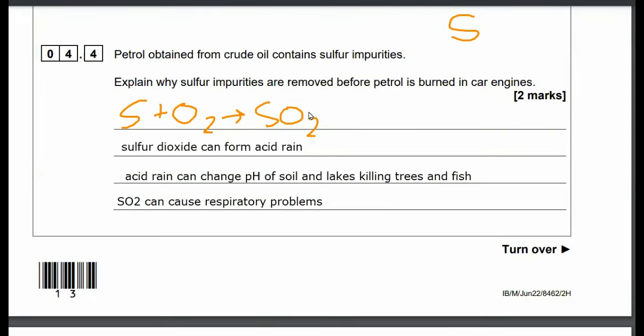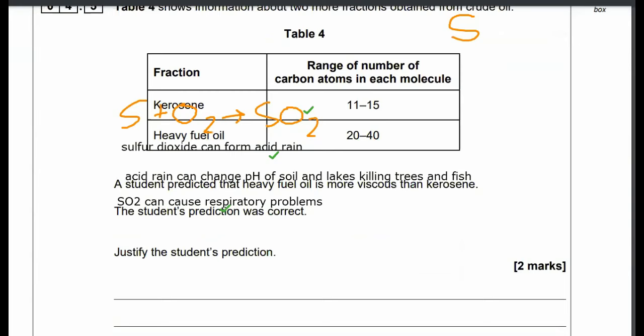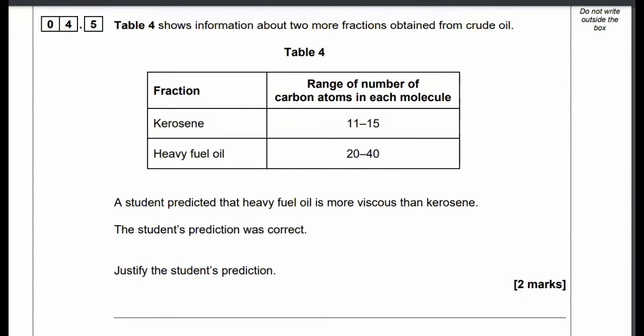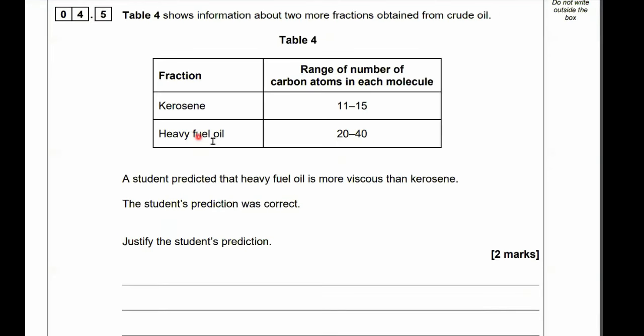Okay, let's move on to the next part of the question. So 4.5, let's clear this. Table 4 shows information about two more fractions that we can get out of crude oil. Kerosene, size of the molecule 11 to 15.